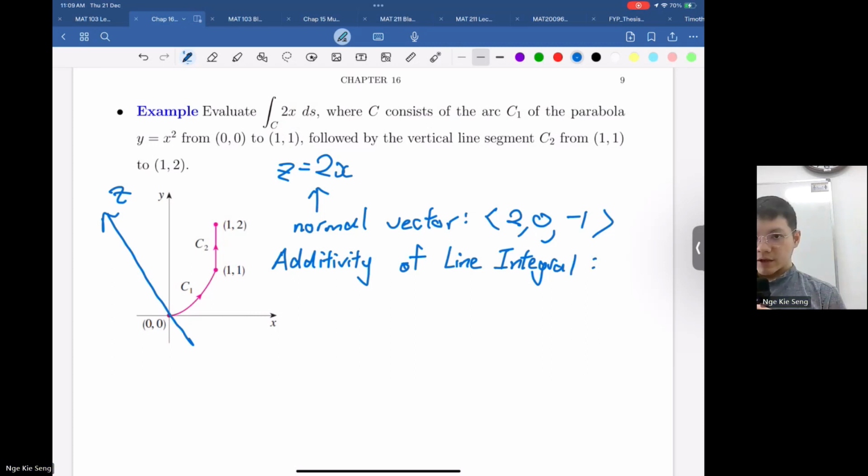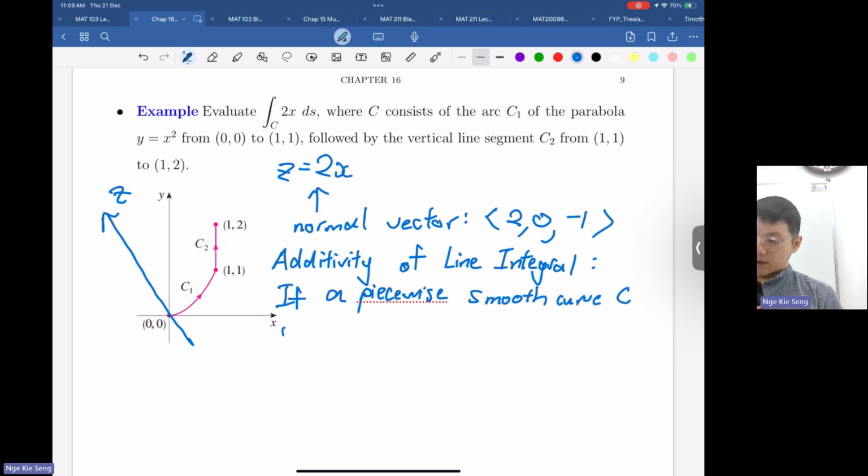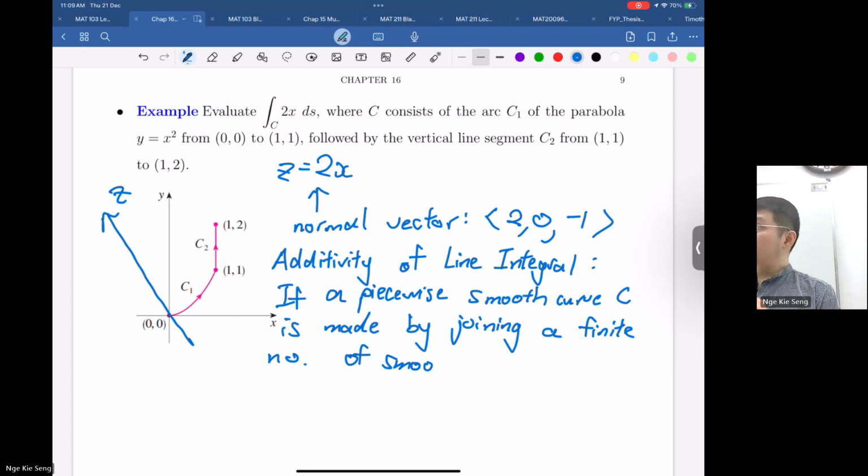If a piecewise smooth curve C is made up by joining a finite number of smooth curves, do you know what a smooth curve means?